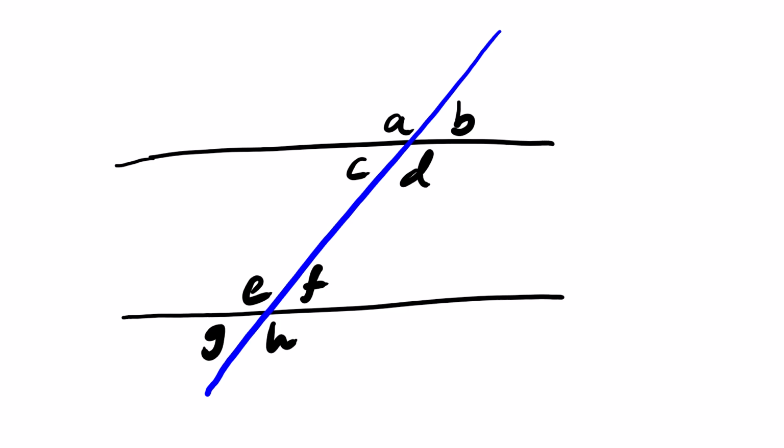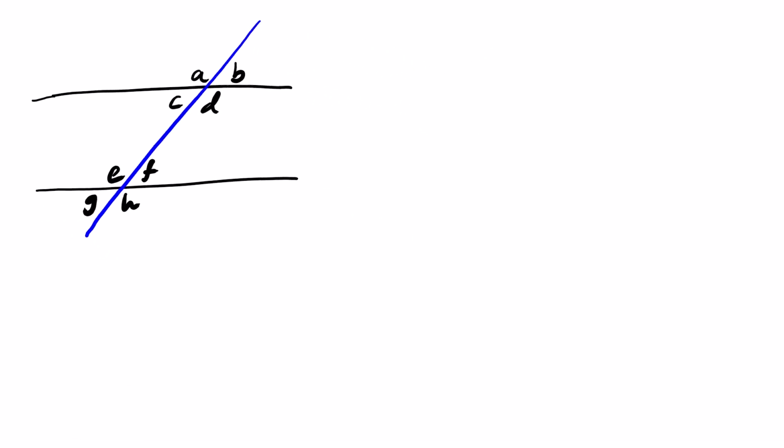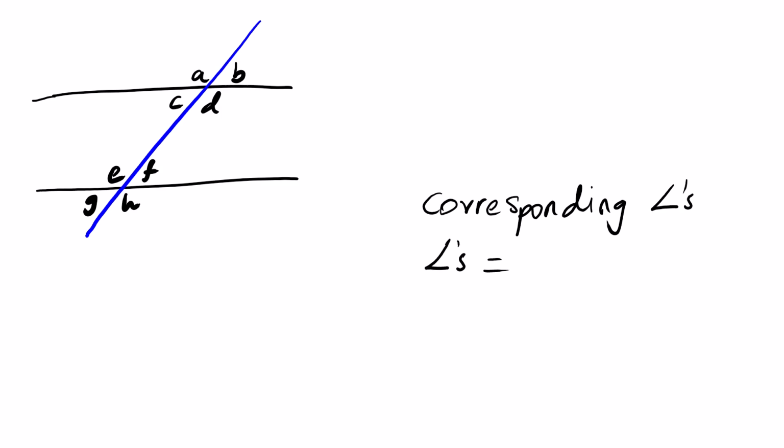Now the first type of angles we are going to look at is corresponding angles. What is important is to know that corresponding angles are always equal to each other.